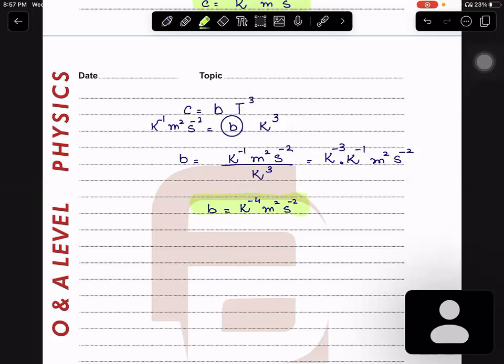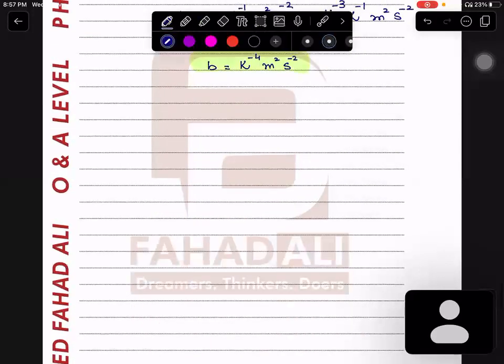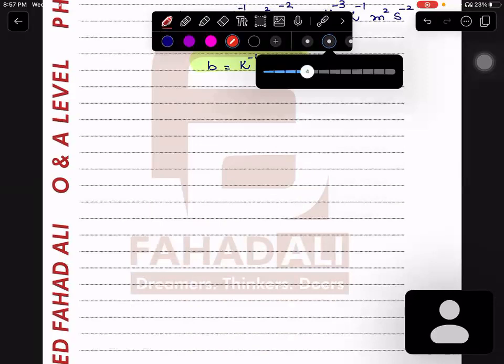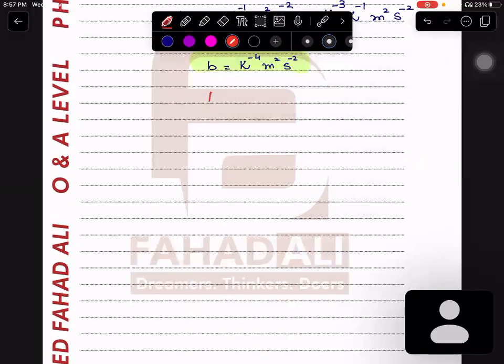Now, next, we are moving ahead. The next heading is homogeneous equation.